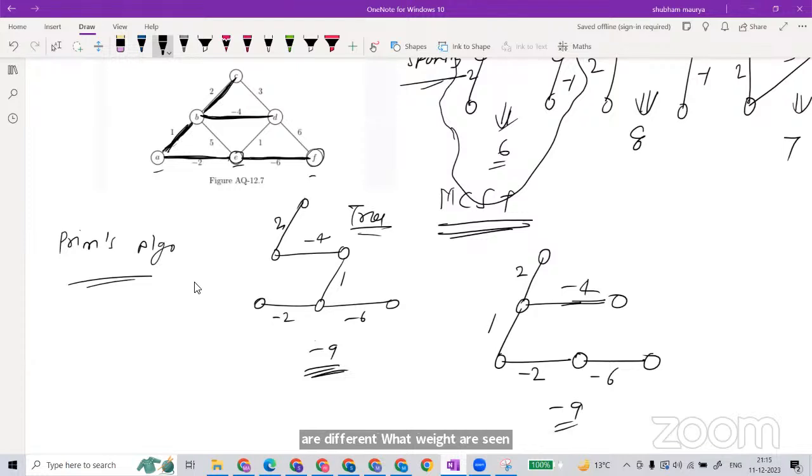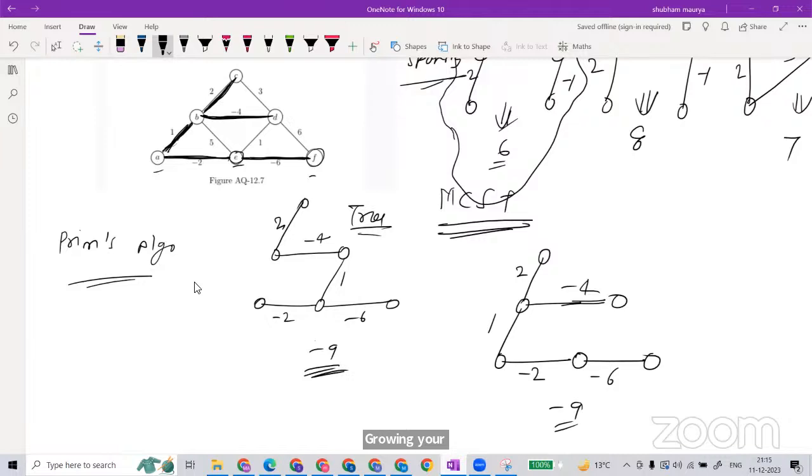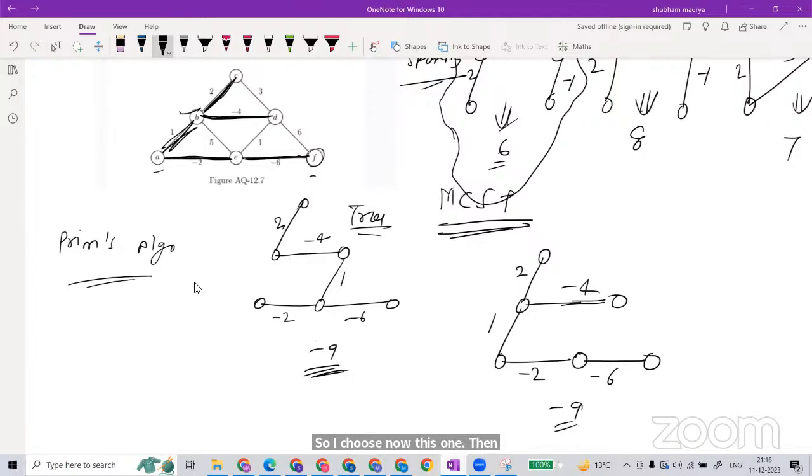Okay. So this is Prim's algorithm. In Prim's algorithm you start growing your tree with the minimum weight. As here, I first chose this one with the minimum weight and then started growing from here. After I chose this weight, I look for which has the minimum. So I choose this one, then which has the minimum among the edges connecting this vertex, this vertex, this vertex, and this vertex.